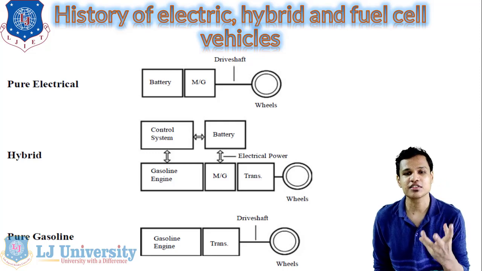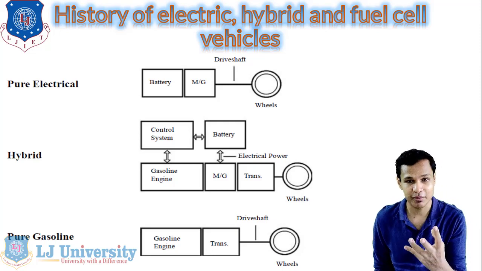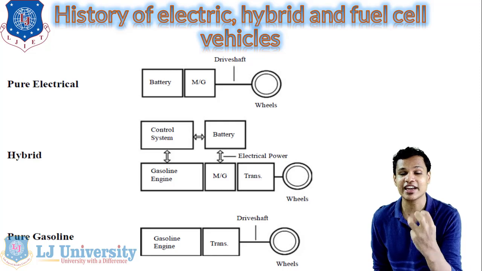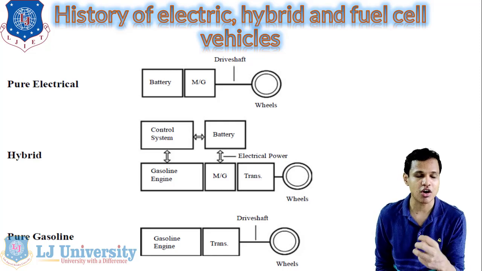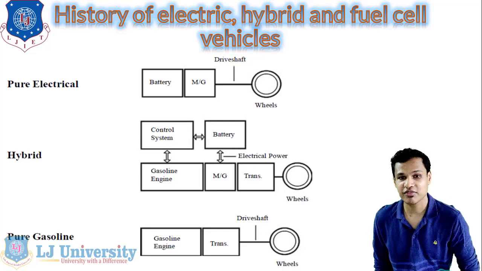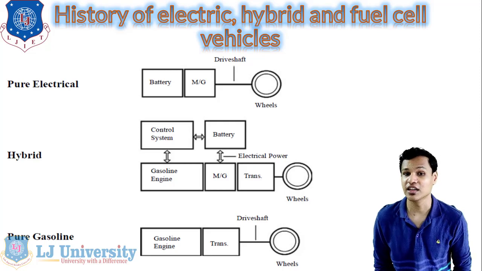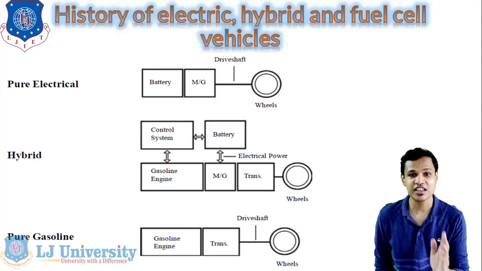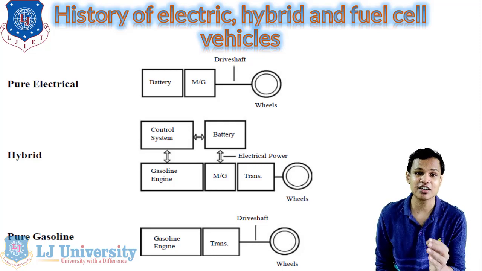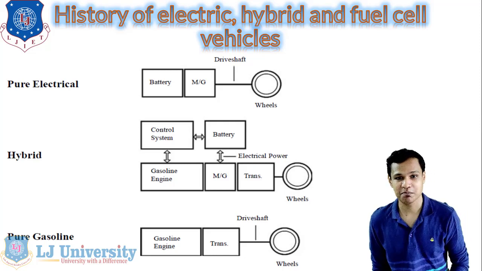The hybrid systems are designed depending on the different requirements, such as in some vehicles, when the power is very low or when the load is very low, or in the case of the idle condition, when for example we are steady or we are in the idle condition at the traffic signal, then at that time the engine will be 100% in the stop condition, and the power for the idling of the vehicle will go only from the battery.